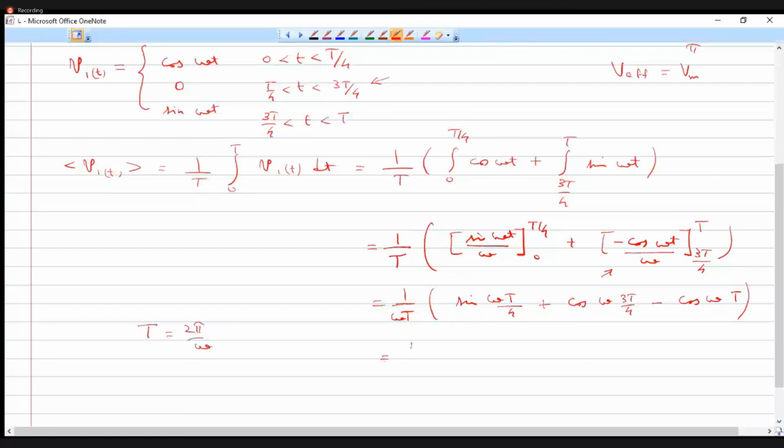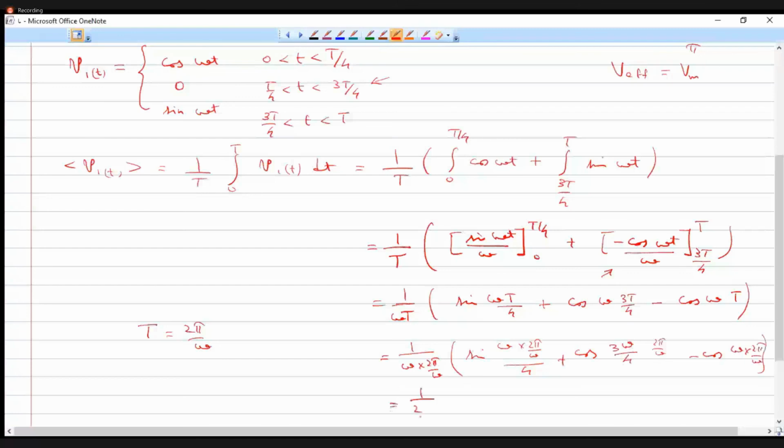Substituting this here, it will be 1 by omega into 2 pi by omega, and here sine of omega into 2 pi by omega by 4, plus cos of 3 omega by 4 into 2 pi by omega, minus cos of omega into 2 pi by omega.